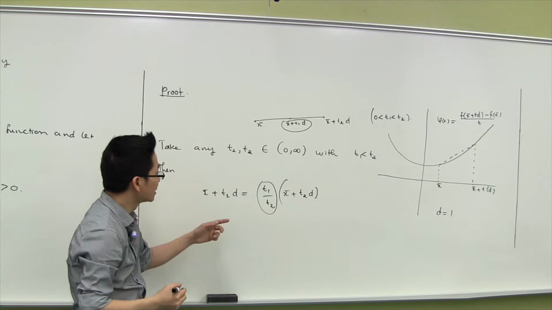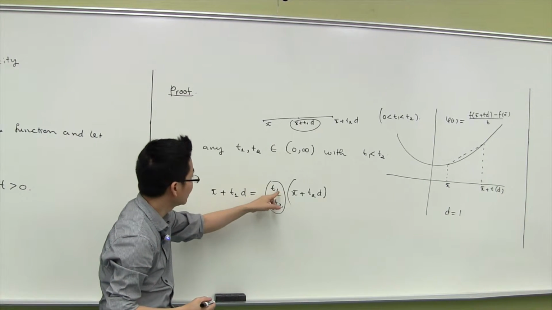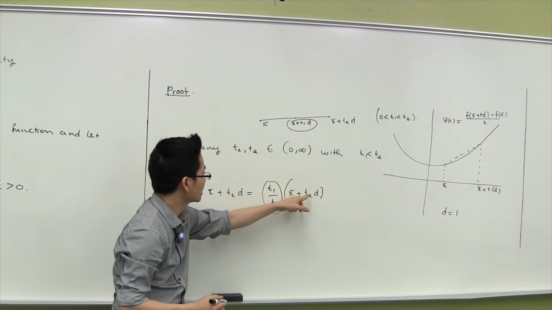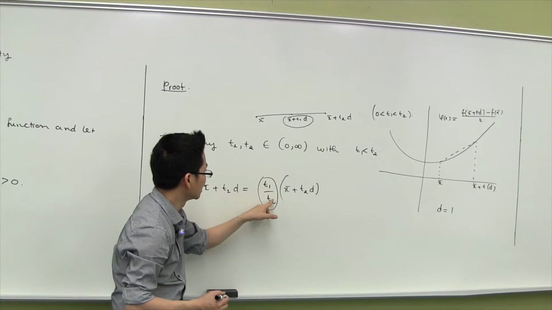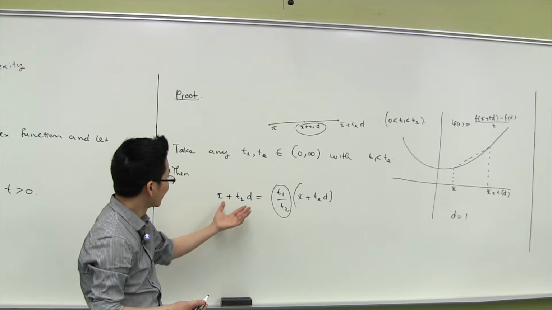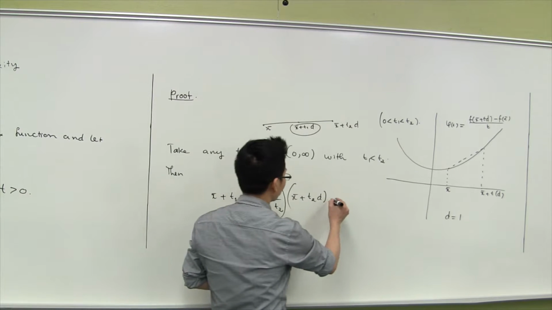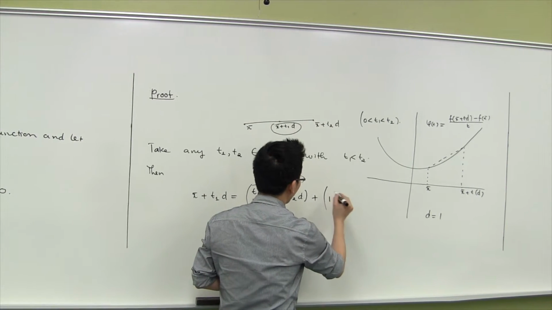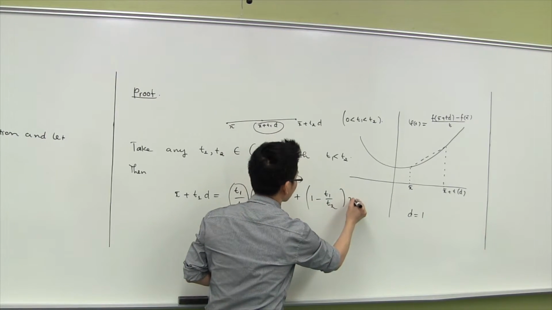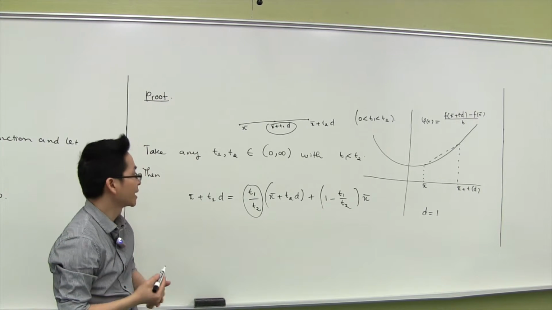After this multiplication, we obtain t1 over t2 times x bar plus t1 over t2 times t2d, which is t1d. To make sure that the equality is valid, we add 1 minus t1 over t2 times x bar. Let me double check.